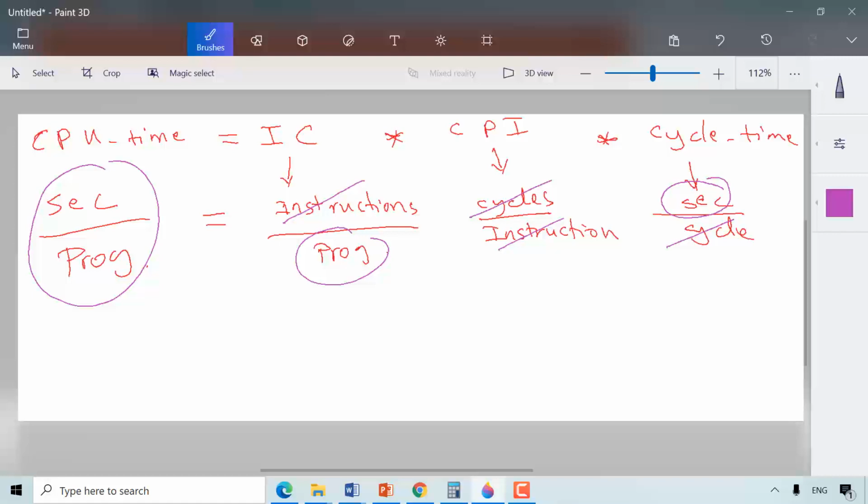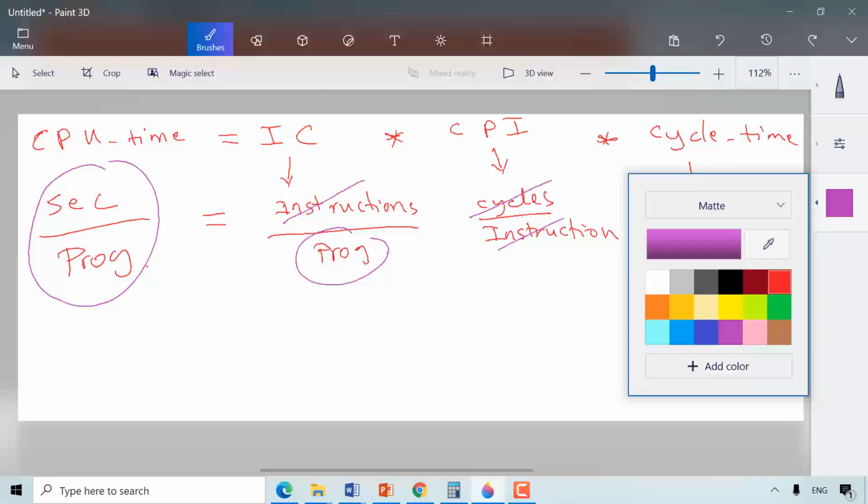The other thing is that I can combine terms in this CPU time to create different variations of this formula. Like what? I can combine these two terms. Okay, so if I combine them, what happens? Well, if I combine these two terms, let's just use a different color here.